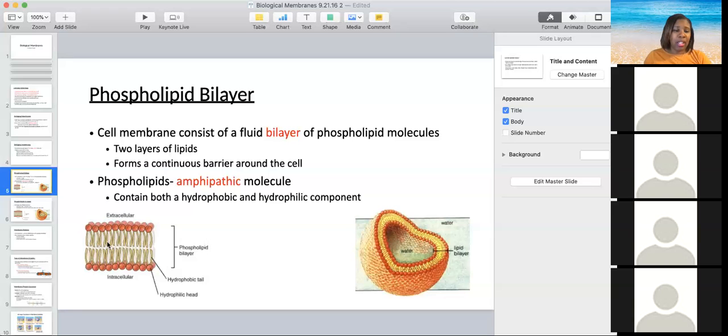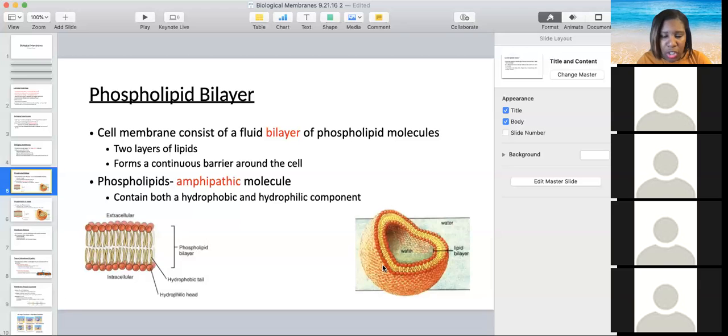Okay, these hydrophobic tails are basically congregating in the middle, and it's going to help to regulate what's able to pass through the membrane. So these hydrophobic tails are tucked away in the middle, away from water.